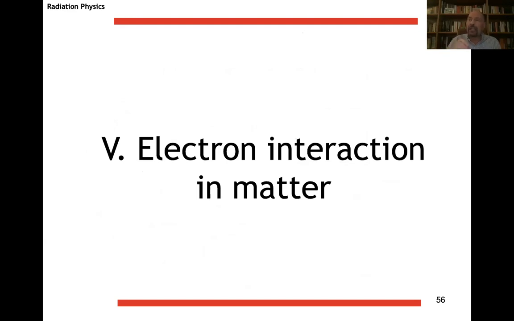A few words now on the electron interaction in matter. This is actually important because any kind of radiation eventually produces electrons, and eventually it will be the electrons that release most of the energy, because photons produce electrons either by photoelectric effect, Compton effect, or pair production.